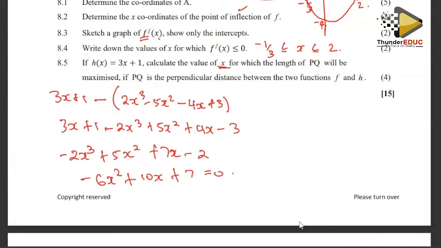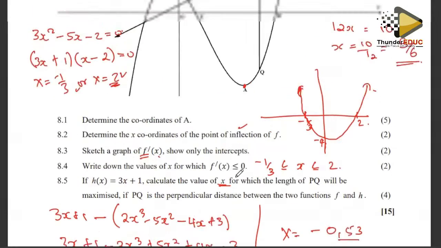6x squared, so we can divide through by negative if you want. And then we could also use the quadratic formula in this case. Because if I see 6x squared plus 10x plus 7 is equal to 0, I'm getting x to be negative 0.53, or my x is going to be 2.2.